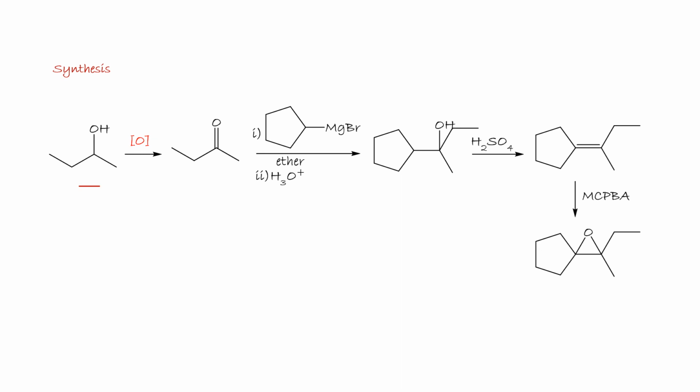Upon oxidation will give butan-2-one. Reaction of this carbonyl compound with cyclopentyl magnesium bromide, Grignard reagent in dry ether, followed by acidification, will lead to the formation of this alcohol.